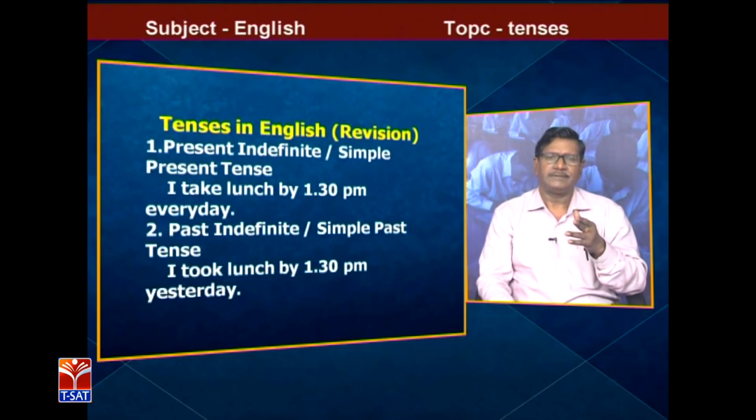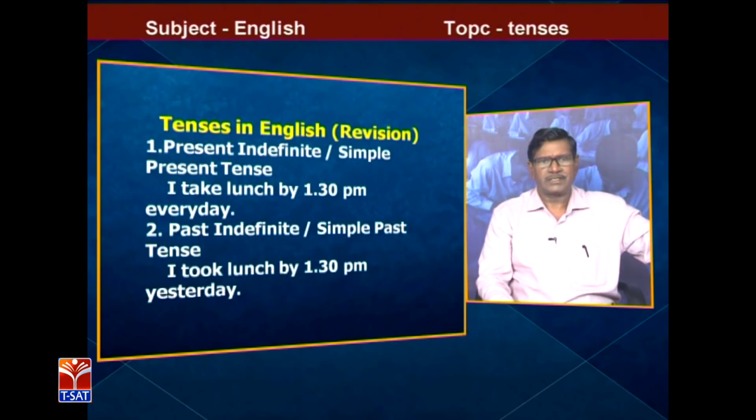Then continuous tenses, present continuous tense, past continuous tense, future continuous tense. Present continuous, now it is going on. Now it is 1:30 p.m. today, I am taking lunch now. I was taking lunch at 1:30 p.m. yesterday.